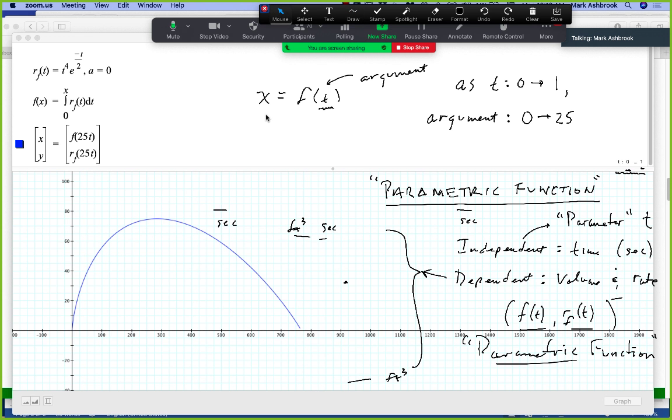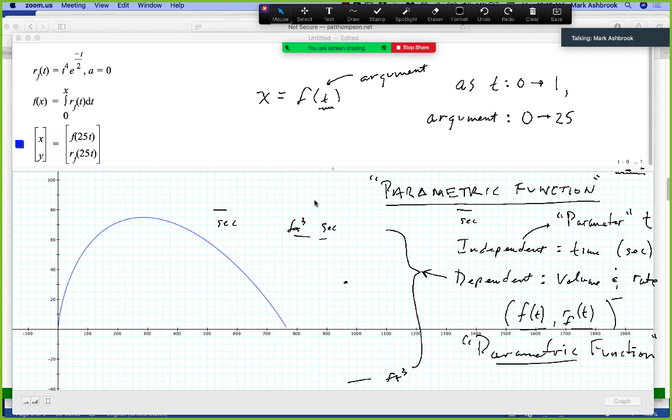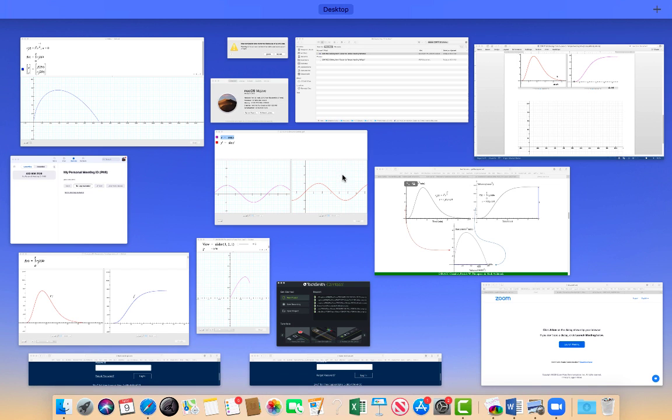Okay, well, so this opens up the possibility for lots and lots of graphs of lots and lots of curves that maybe we haven't seen before, or haven't seen anything like before. So for instance, something like this.